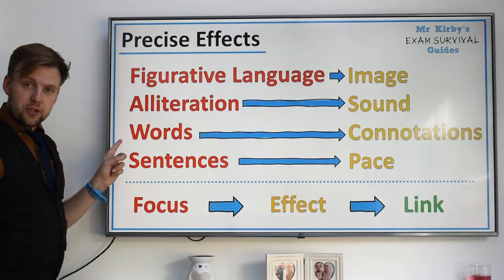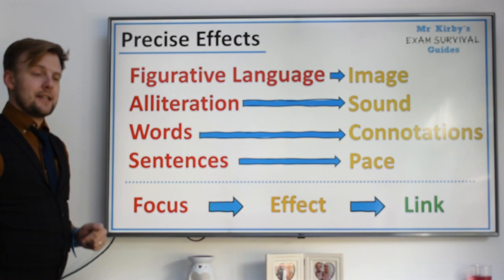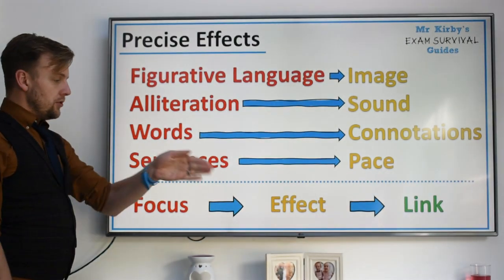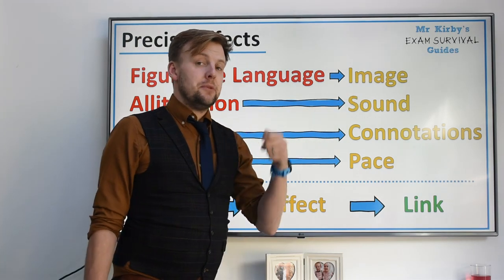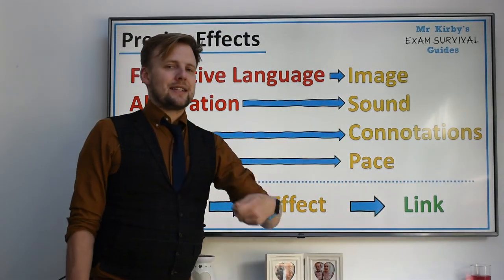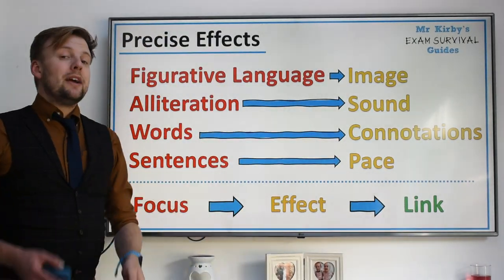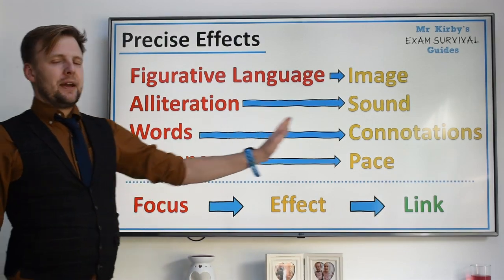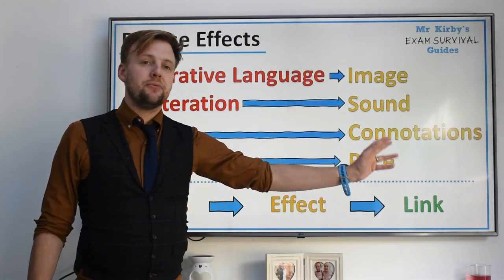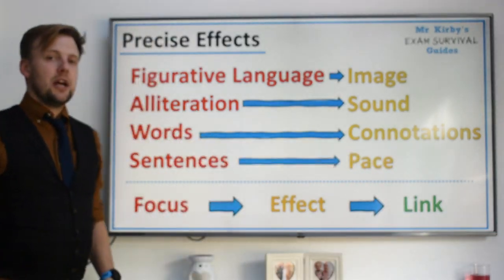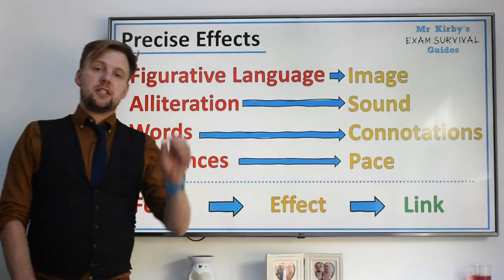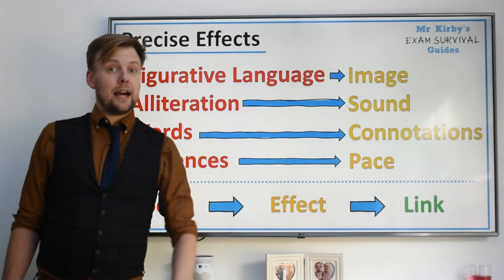Because there's my 4 focuses. The writer uses a complex sentence, the writer uses sibilance, the writer uses a simile, wherever it might be. This creates an image of, or this creates the sound of, this creates the pace of, and we are making a far more perceptive, far more precise, far more thoughtful analysis of our language than the person down the road who's going "and sticks in the reader's head", or "it makes it stick out", okay?